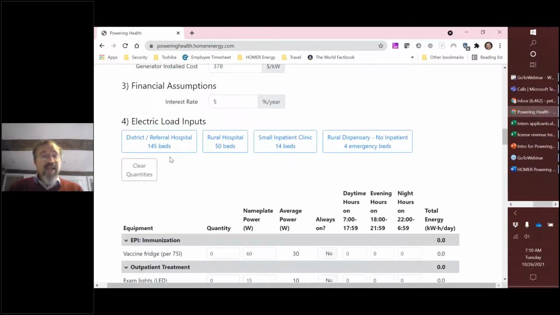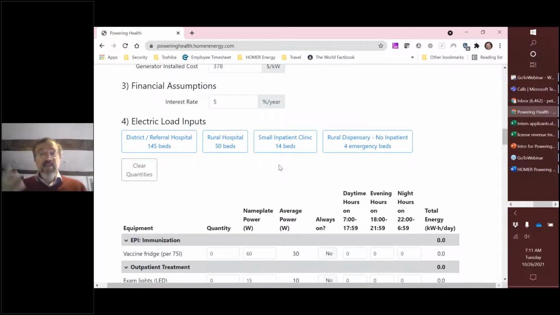And then we have 4 templates, if you will, of 4 different size health facilities. For these displacement settings, we may want to go beyond that, and like Mark talked about how different small systems and large systems are.